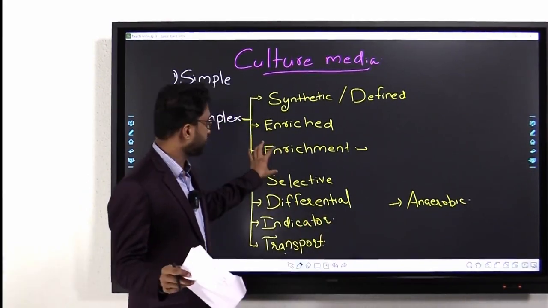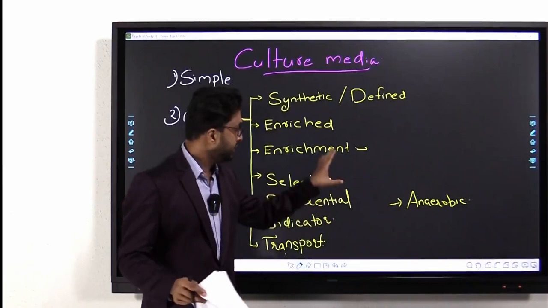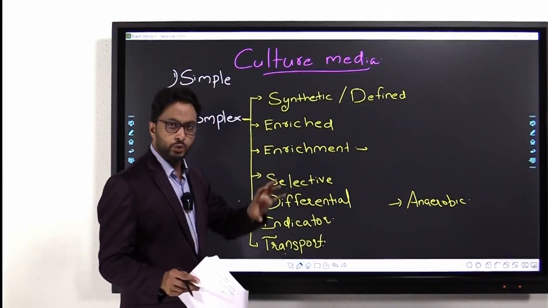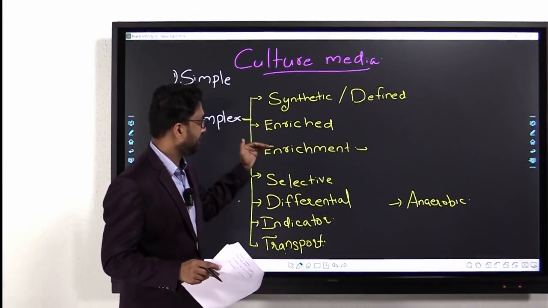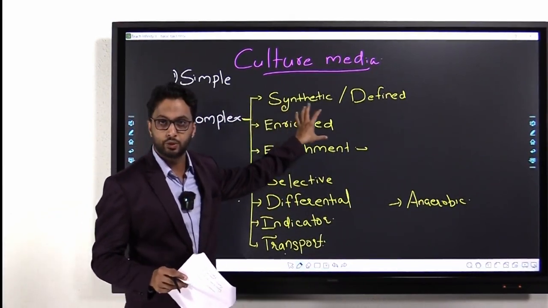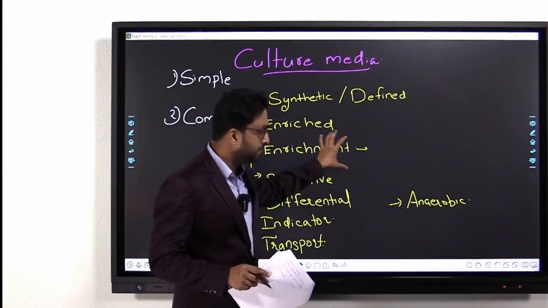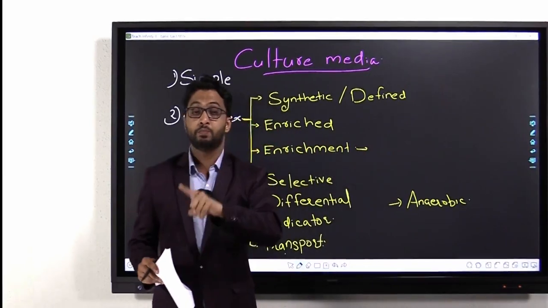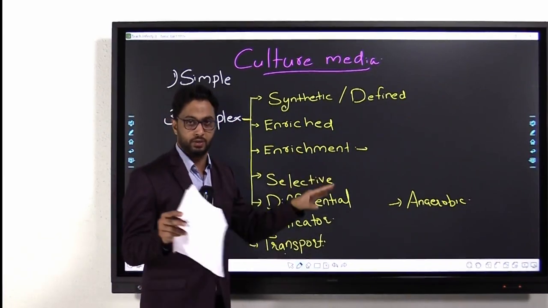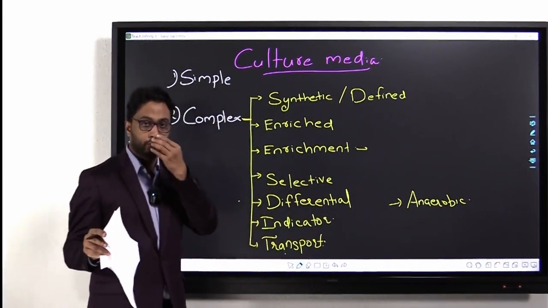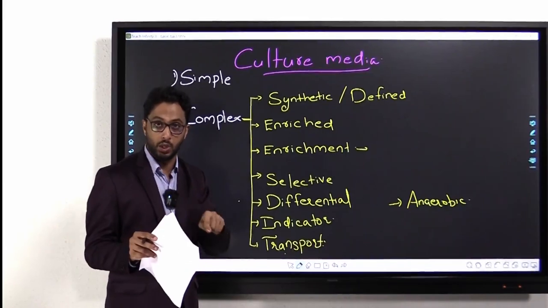We'll go into details, but just understand the differences. Enriched media just allows the growth of a particular bacteria. Enrichment media suppresses the growth of other bacteria besides allowing, so mainly it is suppressing, while allowing the growth of the particular bacteria which you want.